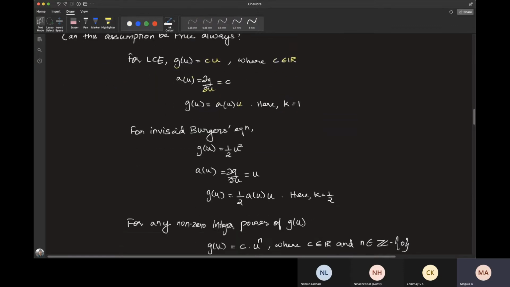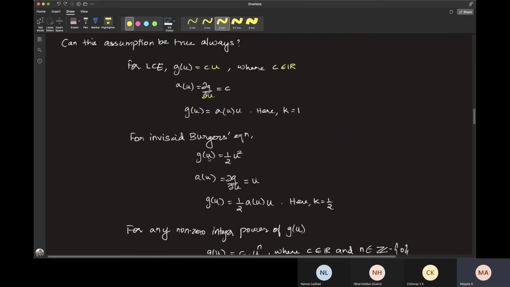Now let us look at the inviscid Burgers equation. Here again, g of u is half u squared and a of u, which is dou g by dou u, is u. And now this half u squared can be split up into half into u into u. Actually we cannot write a dot over here because we don't have vectors, they are just scalars. This is actual scalar multiplication only.